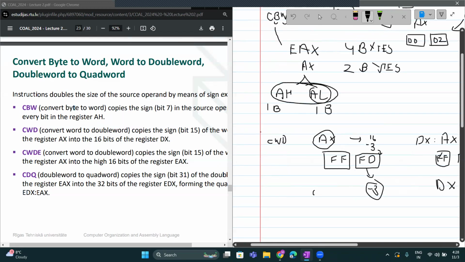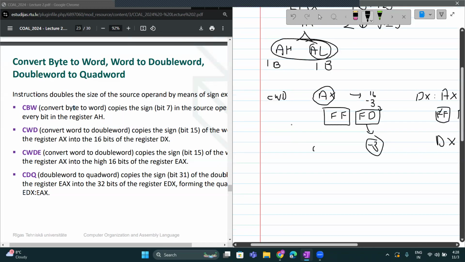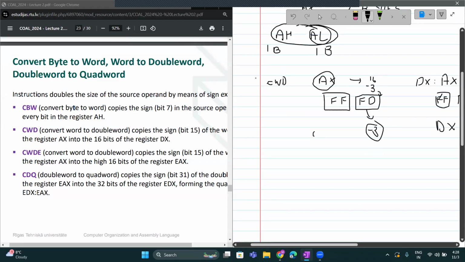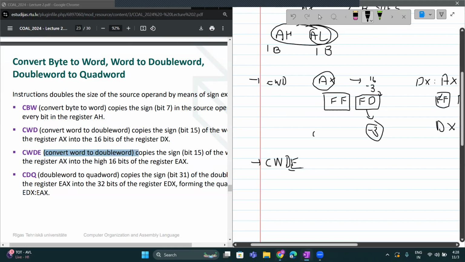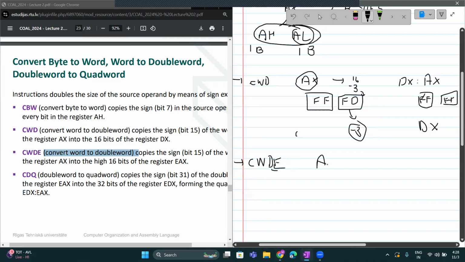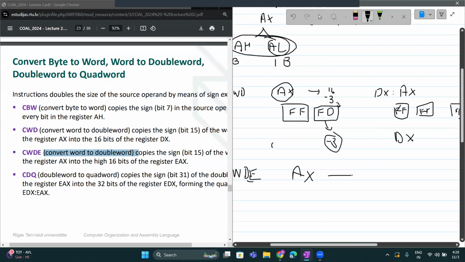This is basically convert word to double word, CWD. There is another type of convert word to double word. You can see here, convert word into double word, but it has E in the end. It means it converts AX to EAX.